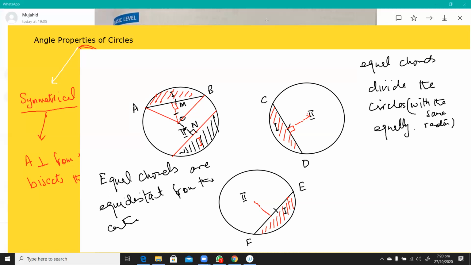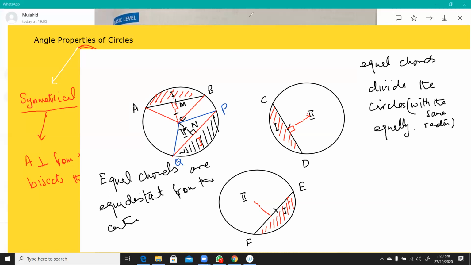And I'm going to join O with the point here, and let me name this the triangle OPQ.